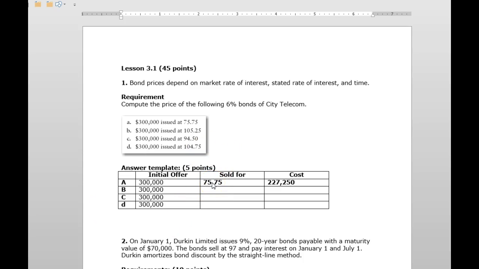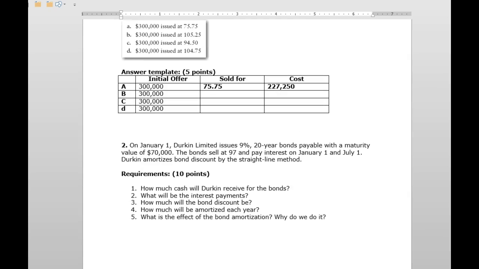When it is under 100%, it's selling at a discount. When it is over 100%, it's selling at a premium. And that premium is the interest equalizer, as was explained in the overview video. So calculate these out so you can get a feel for how that works.